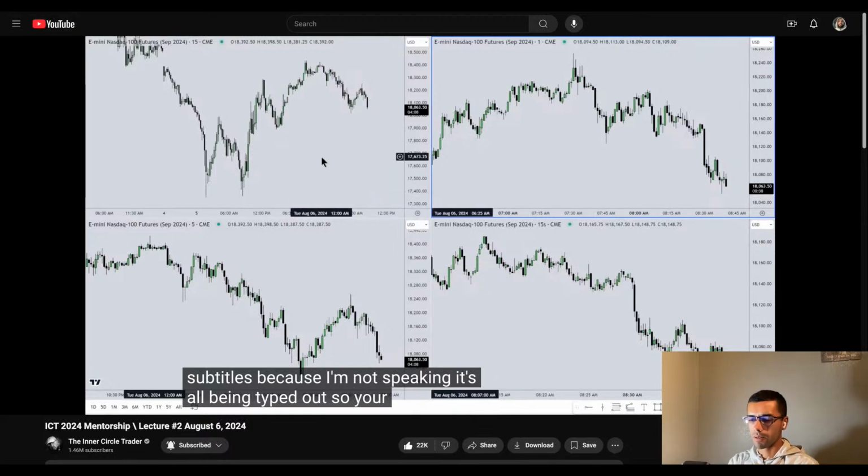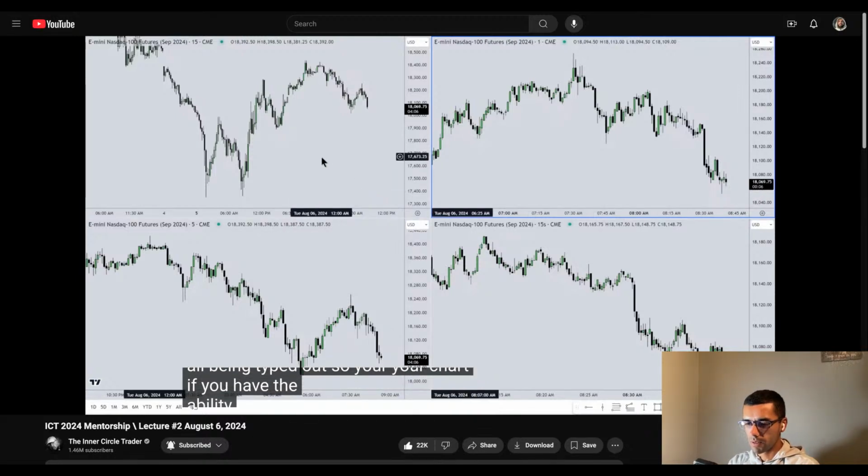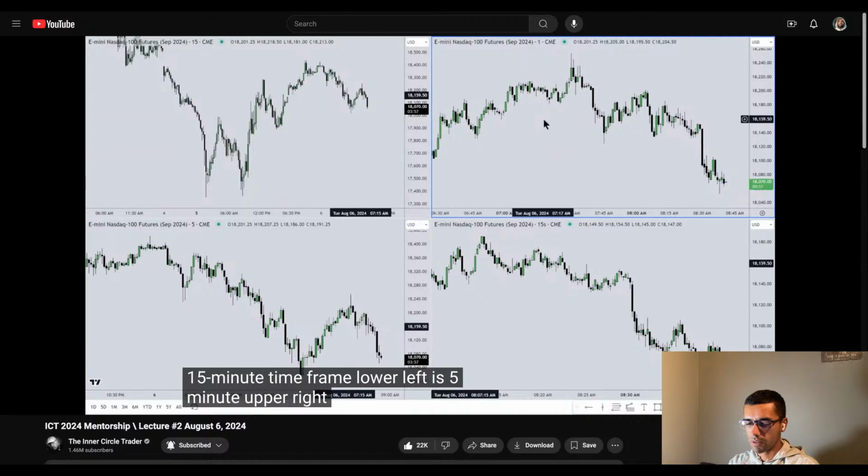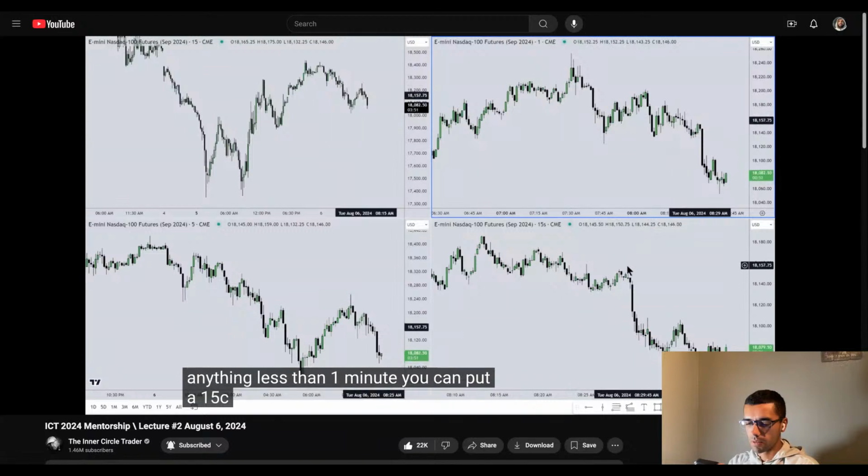So your chart, if you have the ability, put all 4 charts up on the screen like this. Your upper left is 15-minute time frame, lower left is 5-minute, upper right is 1 minute. And if you do have the ability to look at anything less than 1 minute, you can put a 15-second chart.